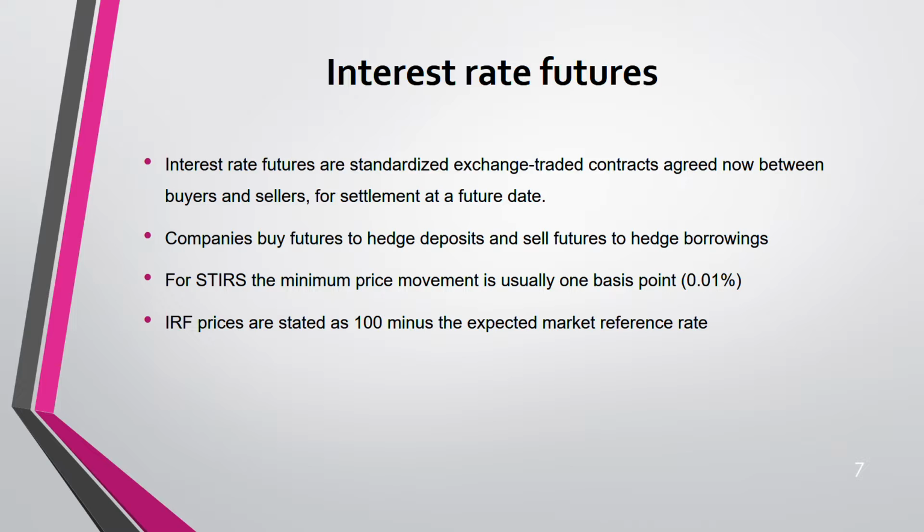Or let's say the reference rate is 2%. So 100 minus 2, that is 98.00. That's your price for the future. If you're writing in terms of interest rate, it will be 5%, 6%, 10% like that. So that interest rate has to be deducted from 100. That's how you quote an interest rate future.